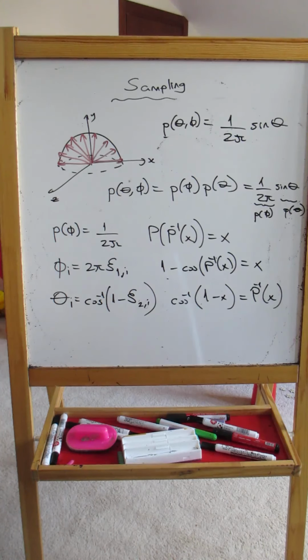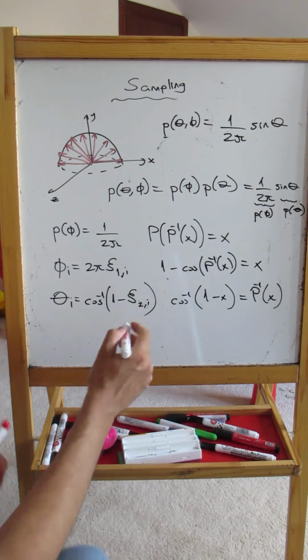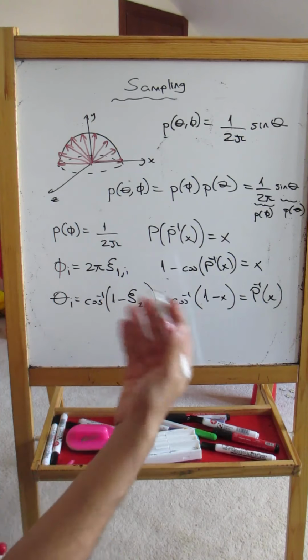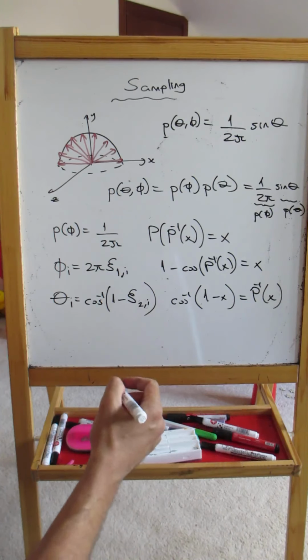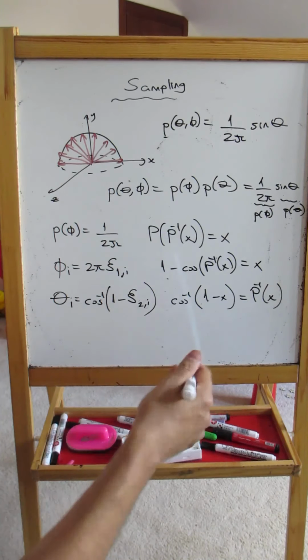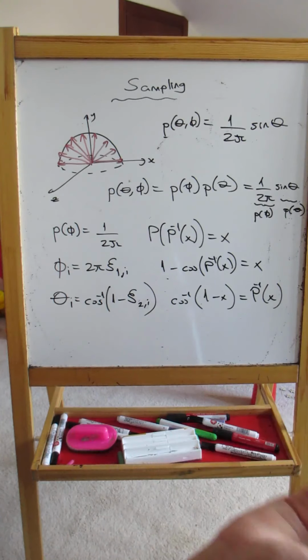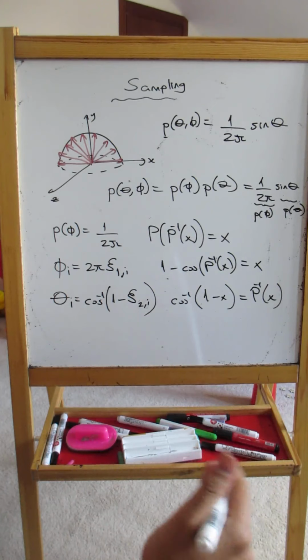Now one substitution that we can do is note that chi is a random number between 0 and 1, right? So 1 minus that random number is again going to be a random number between 0 and 1, and it doesn't change the distribution.